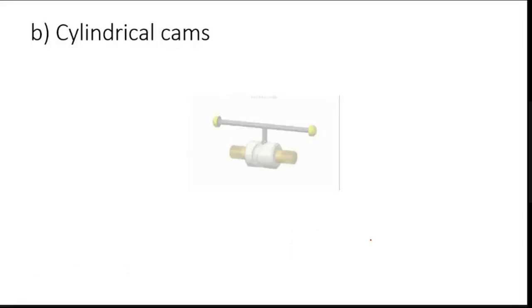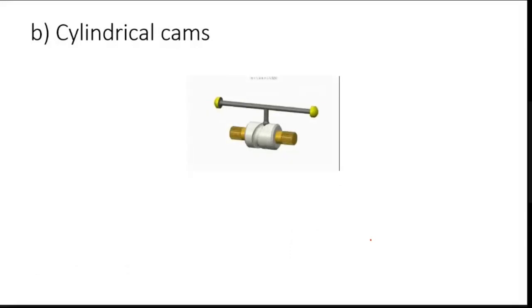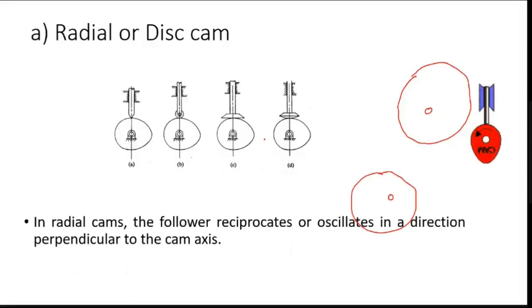The next one is the cylindrical cam. You can see that your cam is a cylinder. And one more thing: in a radial cam, the follower reciprocates perpendicular to the axis of the cam. This is my axis.